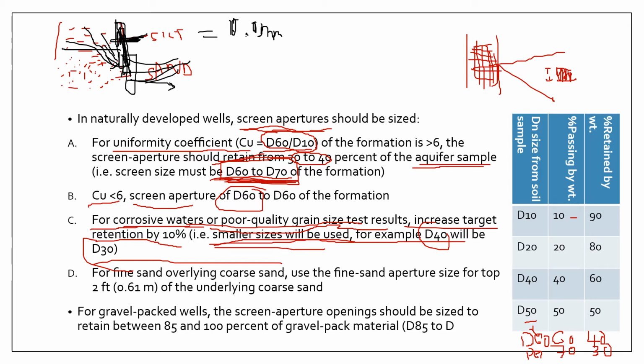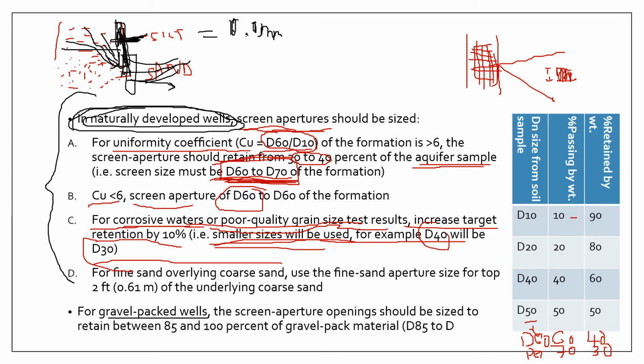Now, let's talk about gravel packs, or your artificial gravel packs. These criteria above are again for naturally developed wells, meaning you don't use gravel packs, you just rely on your natural packs.